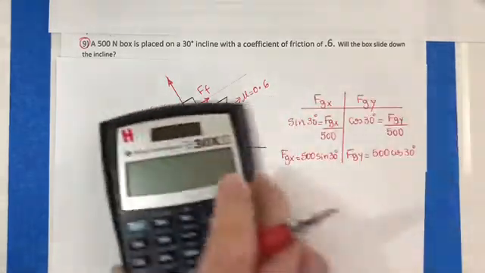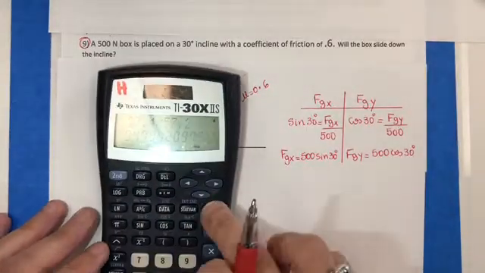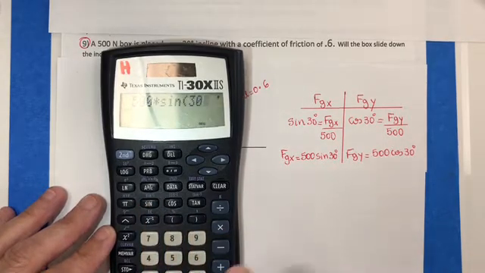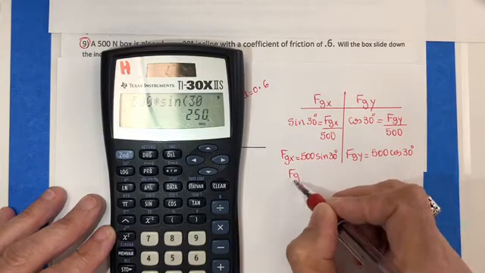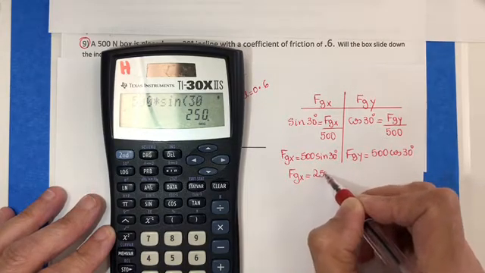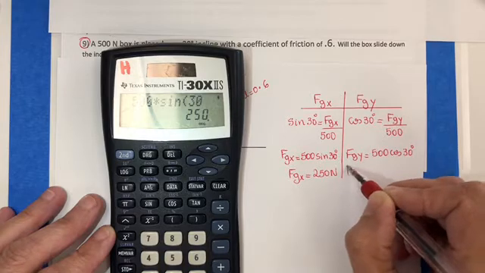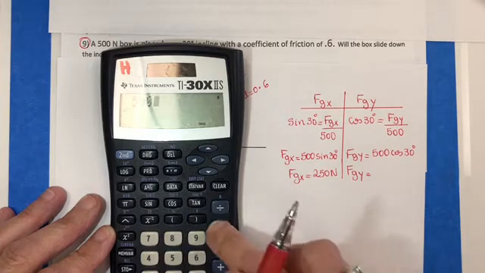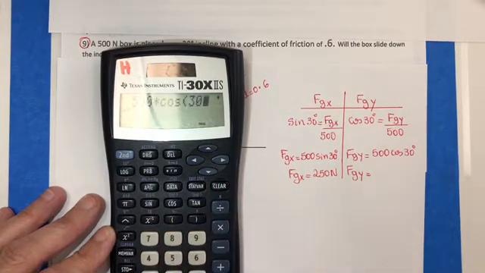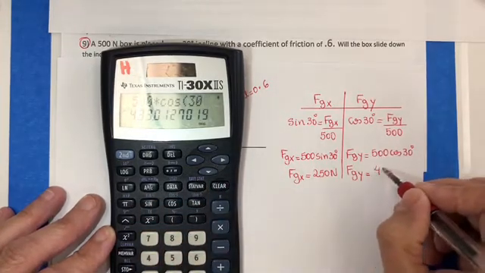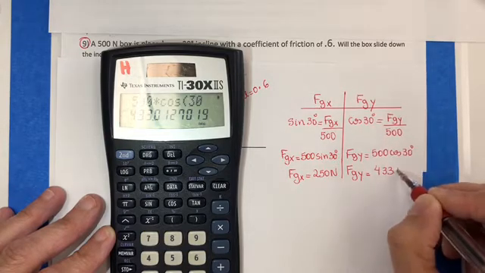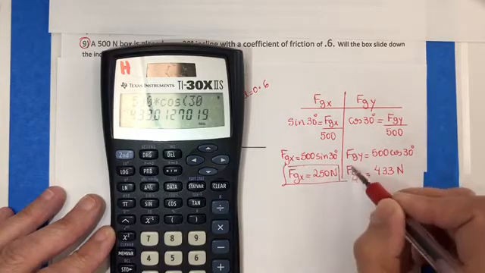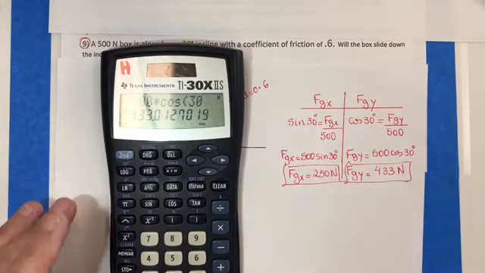Now I'm using my calculator. 500 times sine of 30, FGX is 250 newtons, and my FGY is 500 times cosine of 30, which is 433 newtons. I'm going to leave it like that. So we have the components of the weight of the box.